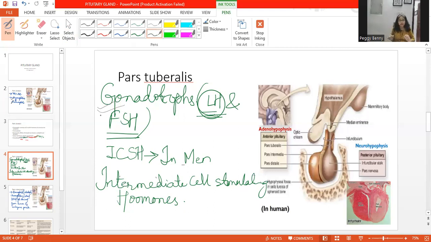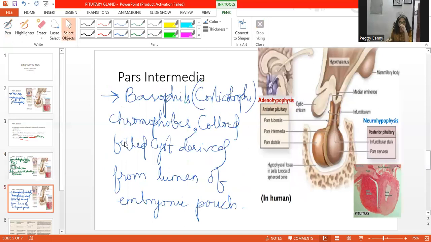Gonadotrophs secrete LH and FSH. LH, as everyone knows, is luteinizing hormone, and FSH is follicle stimulating hormone. LH in men is known as ICSH, the interstitial cell stimulating hormone.